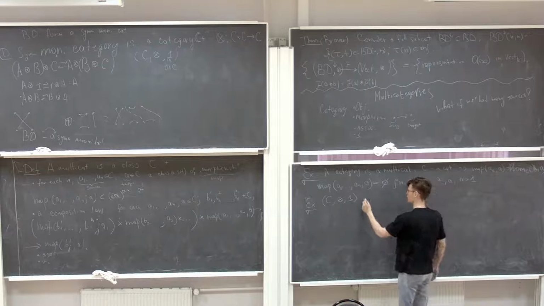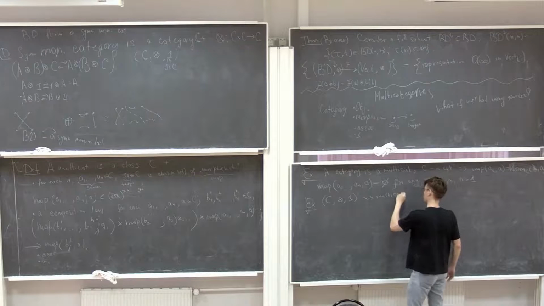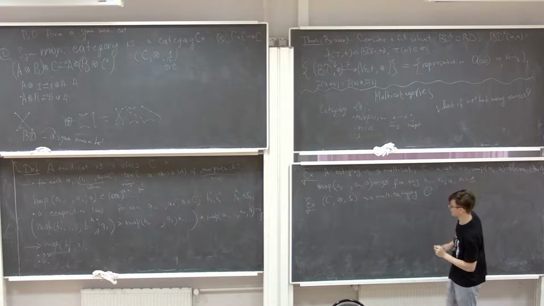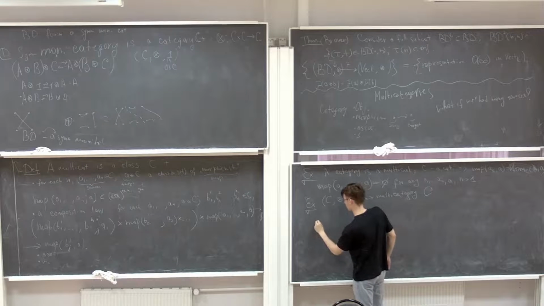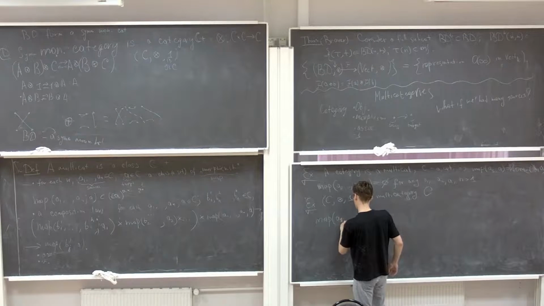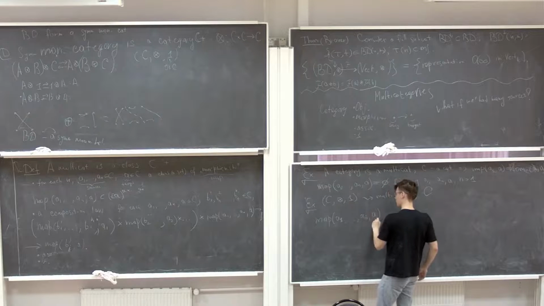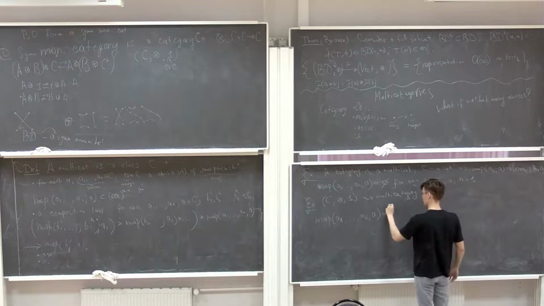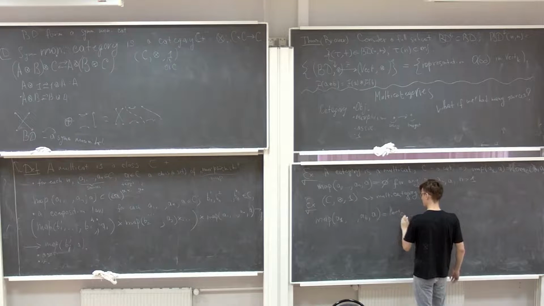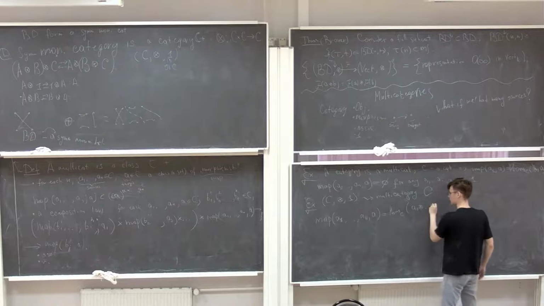Then we can make it a multi-category, which we again denote by C. And the maps from A1, and so on, AK, to A are just the same as the morphisms in C that go from the monoidal product.